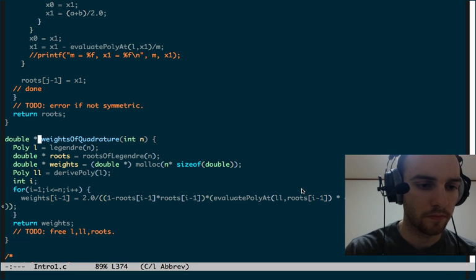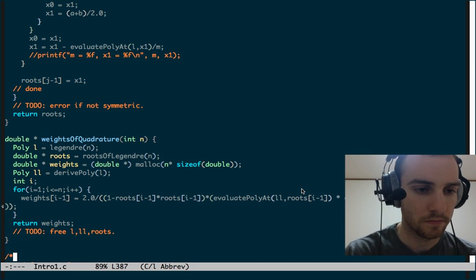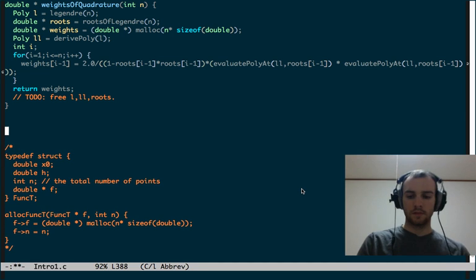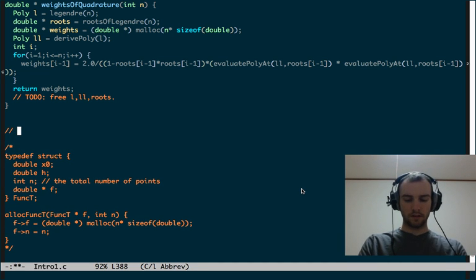So let's just write down a little bit. Integrate from A to B the function f.